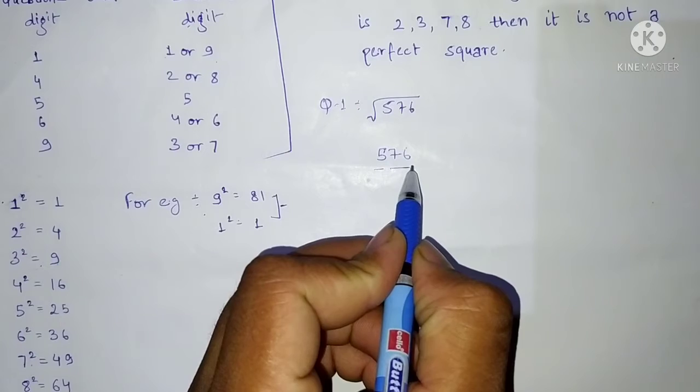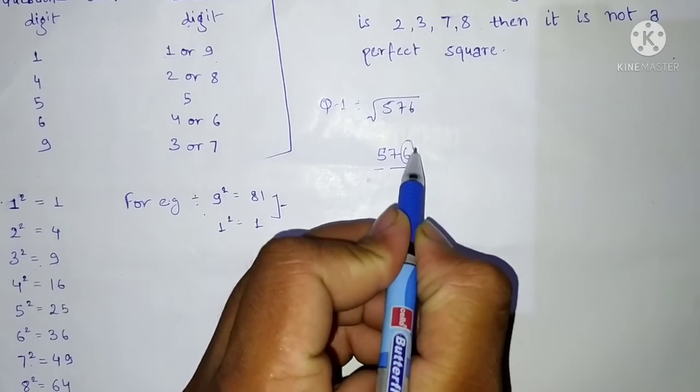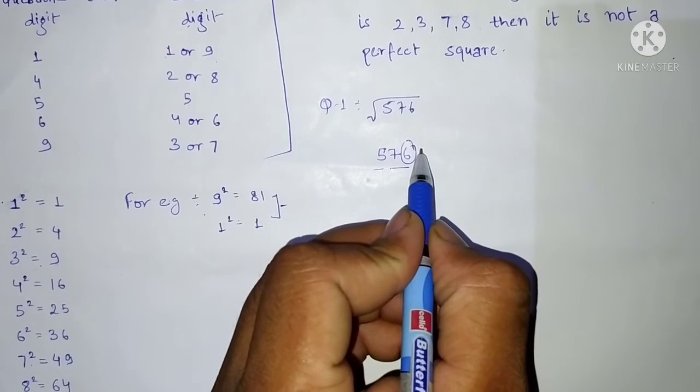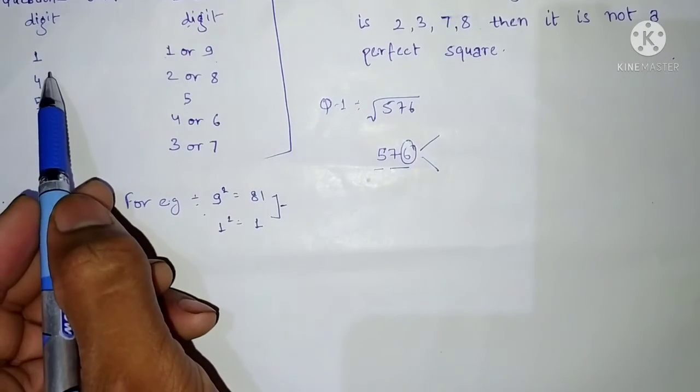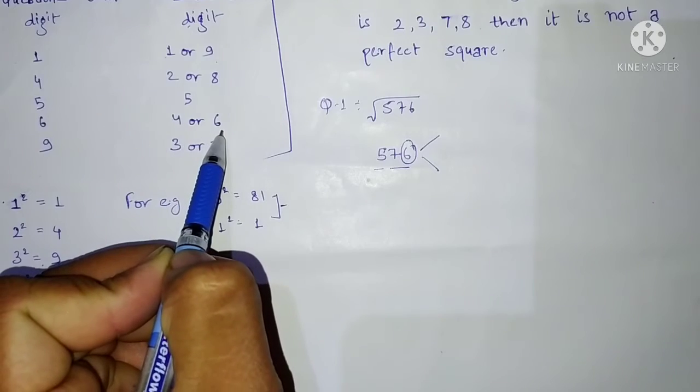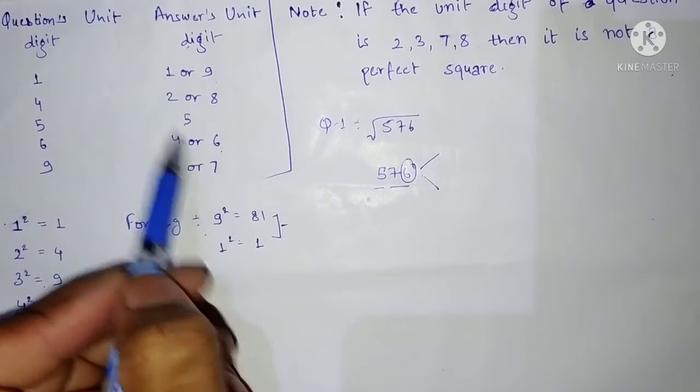76 is one pair, and the whole number's unit digit is 6. So the unit digit of the answer must be 4 or 6.